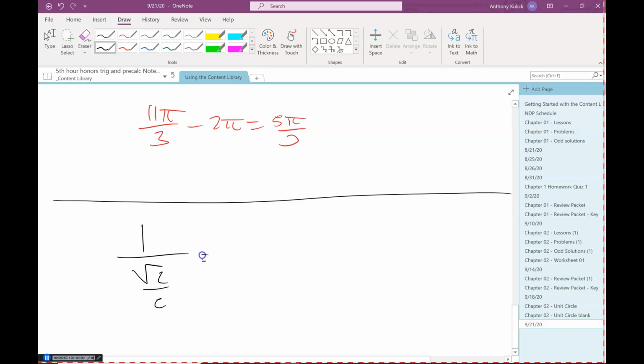Okay. So 1 over means the same thing as a reciprocal. So just 1 over a fraction means just take the reciprocal of the fraction. So in this case, it would be that, which simplifies down to just root 2.